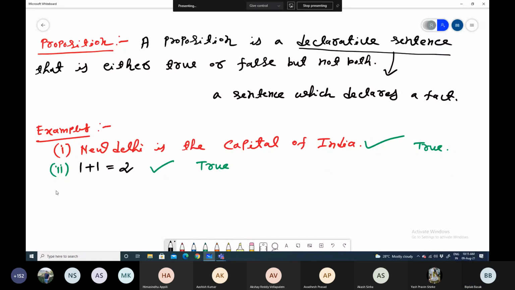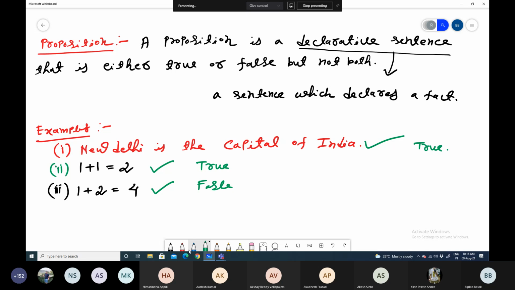Now if I write 1 plus 2 equal to 4, is this a proposition? Yes, it is a proposition, and the truth value is false. So this is a proposition, but it is false.